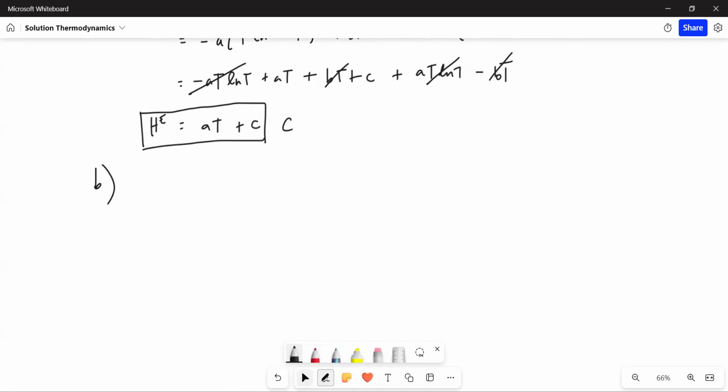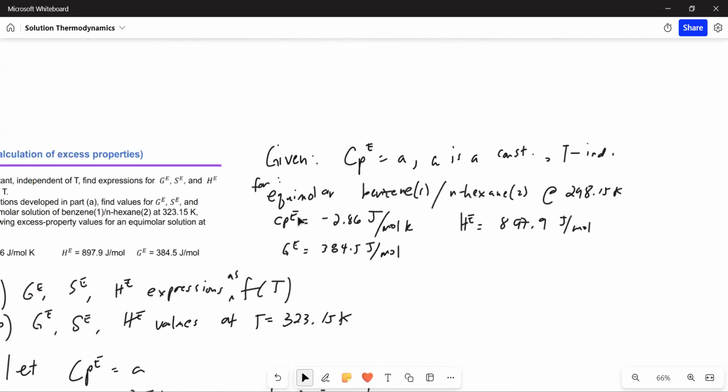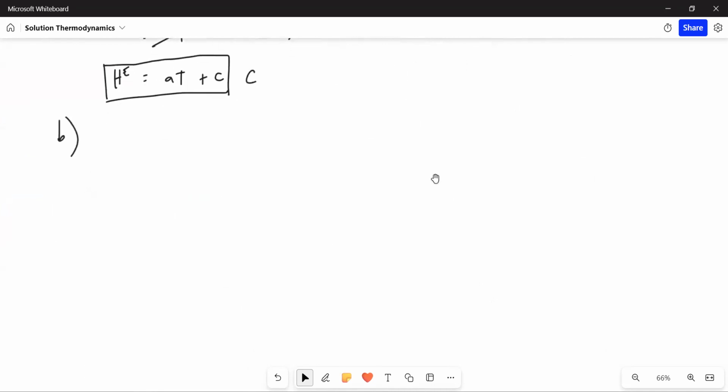remember we have given values for CP, HE, and GXS at a different temperature. So let's name this as the temperatures. The temperature 298.15 is our reference temperature T naught. All of these values at that temperature would be our reference values, and let's name them as properties with naught.